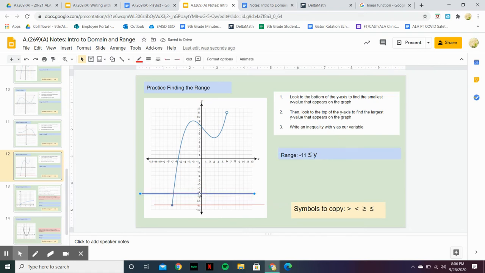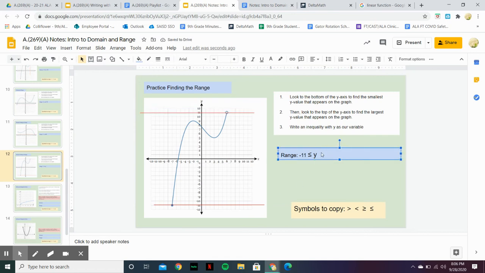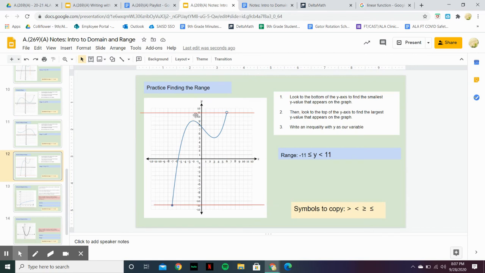Now I'm taking another look to the top of the function. It looks like +11 is the largest, but I see an open circle at +11. And so I know that y cannot equal +11, so I'm going to use the less than symbol. So here our range is from -11 all the way up to +11, but not including +11.